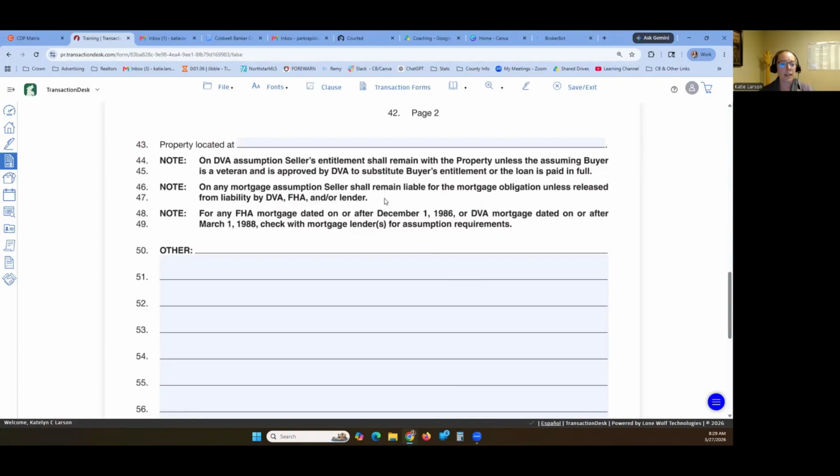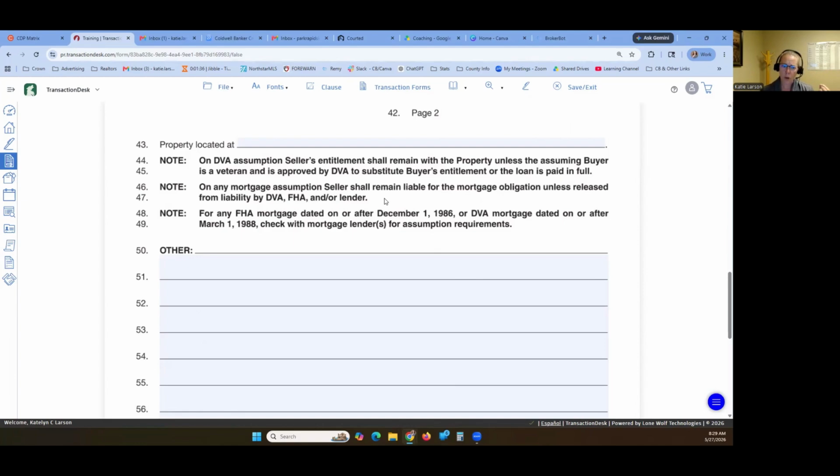Part of that process and all of the paperwork is releasing the seller from their obligation to pay because the buyer then takes over. Okay. This is just a, hey, FYI, make sure that you're released as the seller. That's what this note is about.